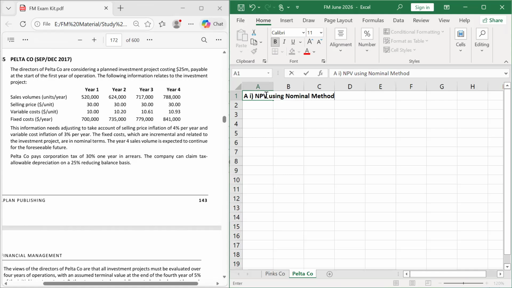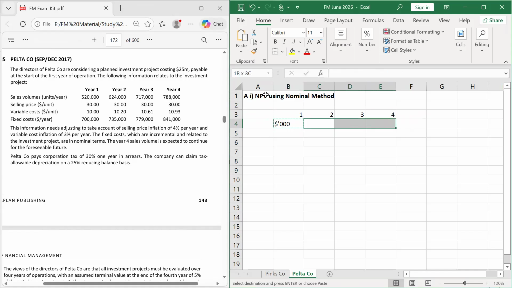So let's start: year one, year two, year three, year four. We are doing the workings in dollar triple zero, so that's important. Okay, I have to write year zero as well.